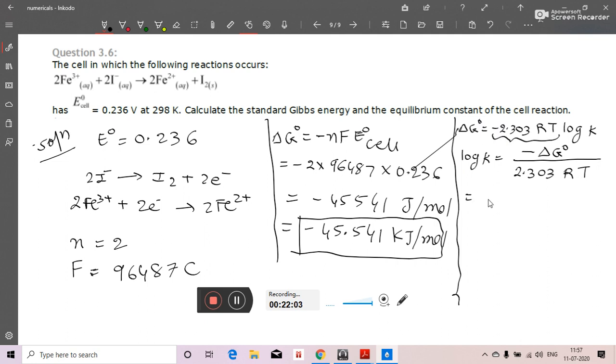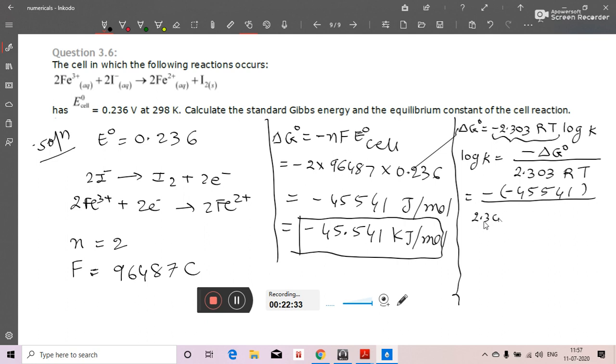So that is equal to minus, now delta G naught in terms of joule is minus 45,541. Okay, so we have to take delta G naught in joule. Here we will see already in the equation minus is there, and in the delta G naught value again minus is there. Okay, so minus 45,541 upon 2.303.